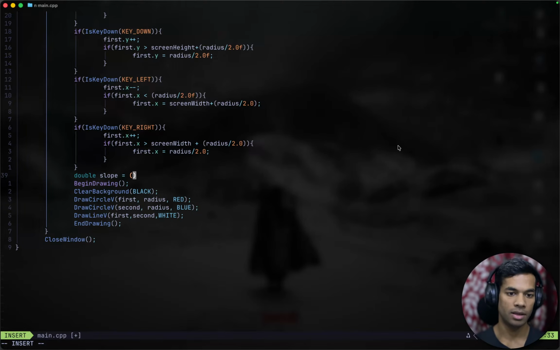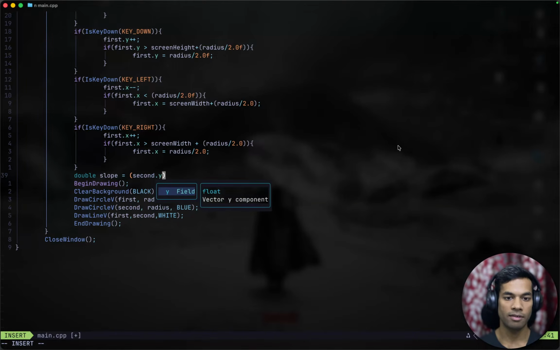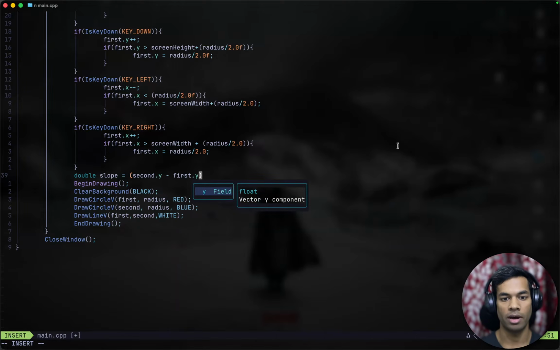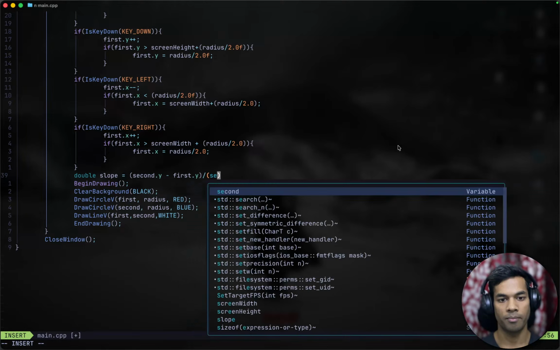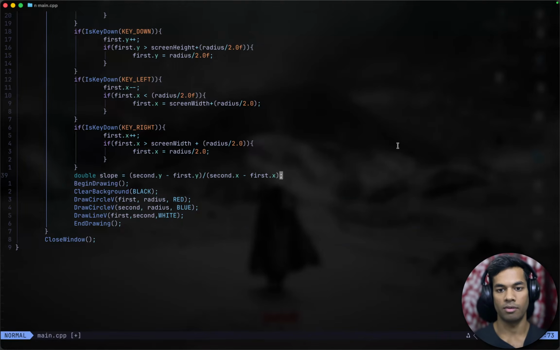Slope would be equal to, it can be negative. It depends on from which circle we are starting our journey. Let's start our journey from the first circle. So second dot y minus first dot y, divided by second dot x minus first dot x.